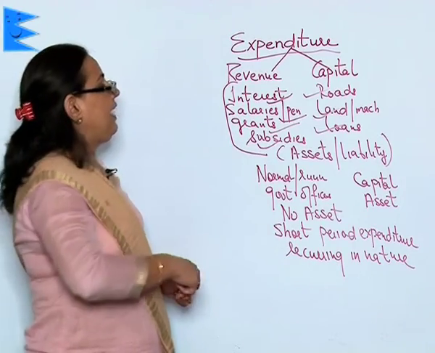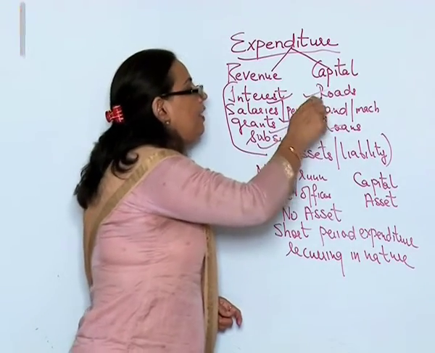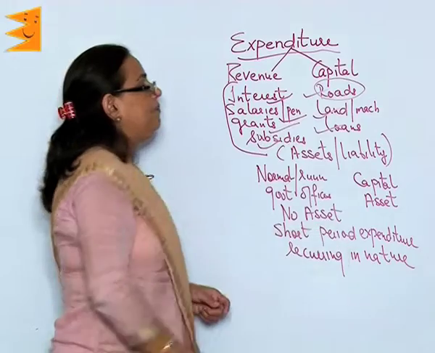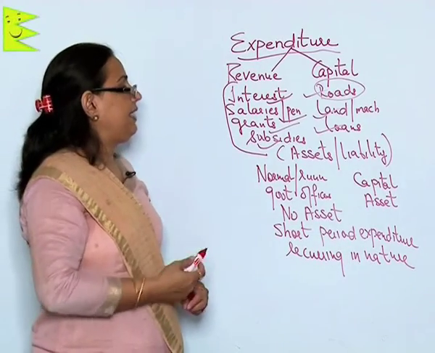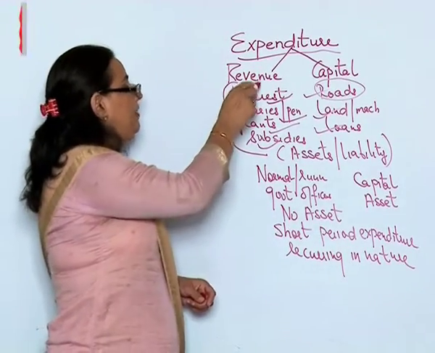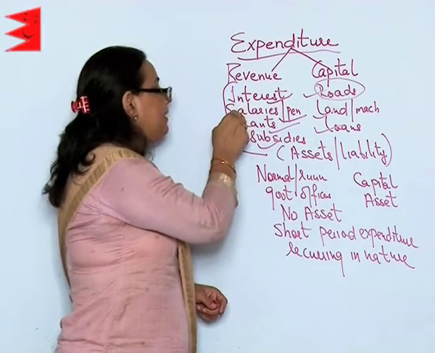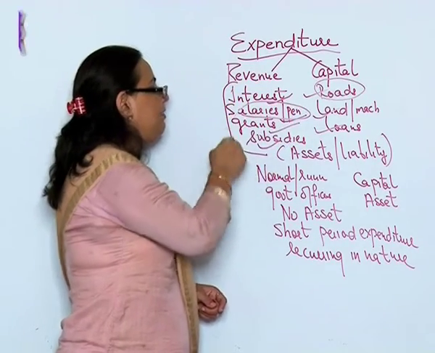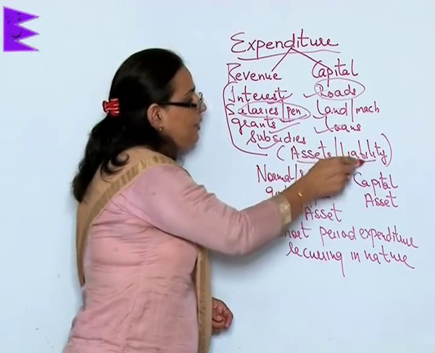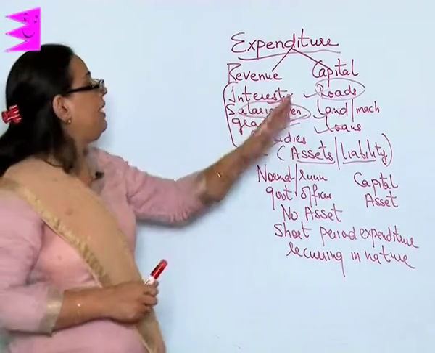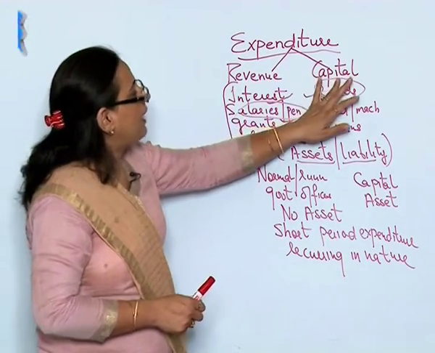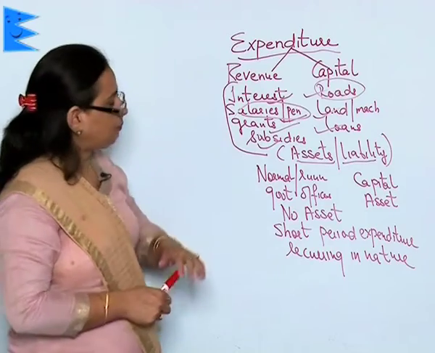That is, when we make roads, we are spending money, but we are also having an asset. Okay. But when the salaries and pensions are given, it is neither an asset nor a liability. This was the basic major difference between the revenue expenditure and the capital expenditure.